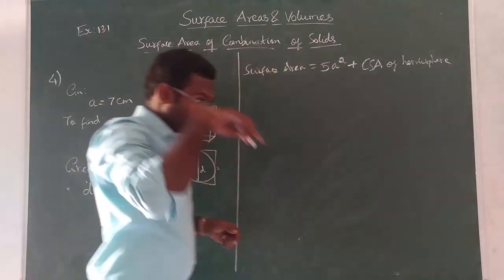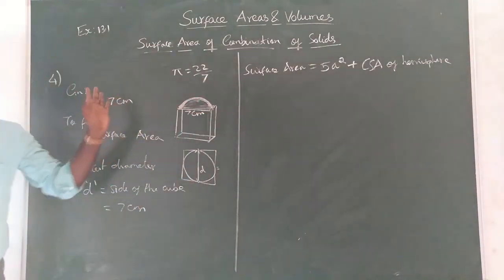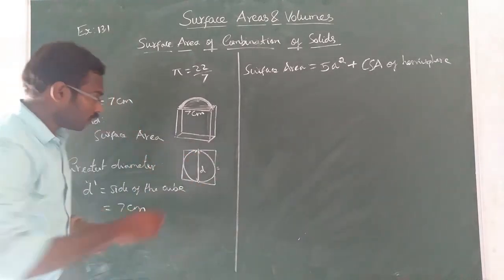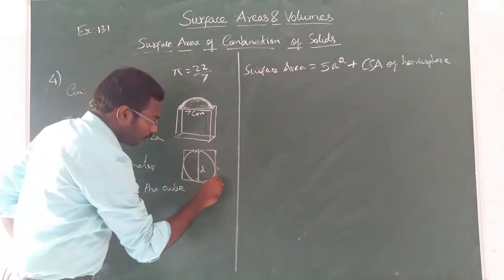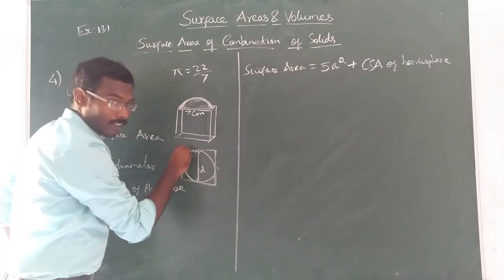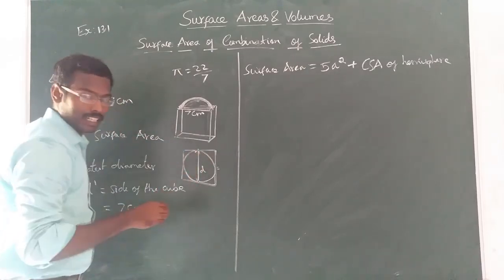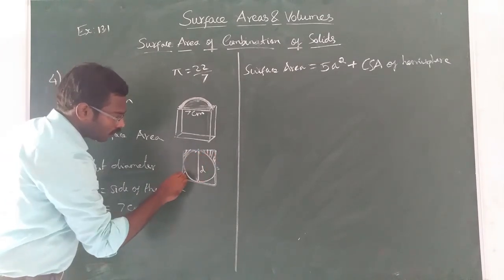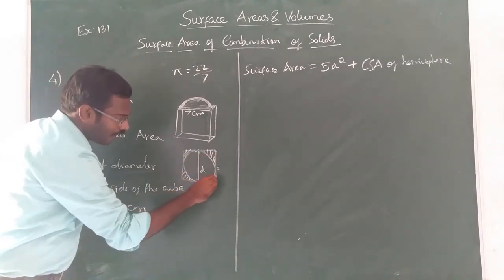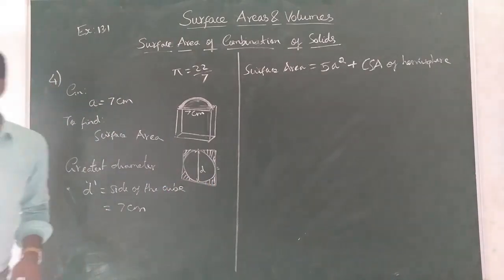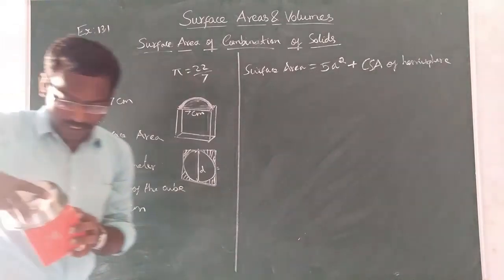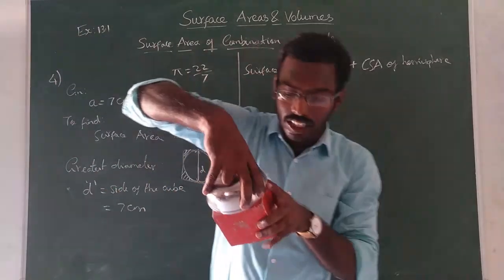Now, you can't think that's all over. Why? Because you see the two-dimensional shape. So, the top will look like this. This is a square and this is the circle. Now, we have these edges. Yes or no? This edge area should also be added because these edges will also be visible. For example, if you do like this, see here, this edge is also visible.